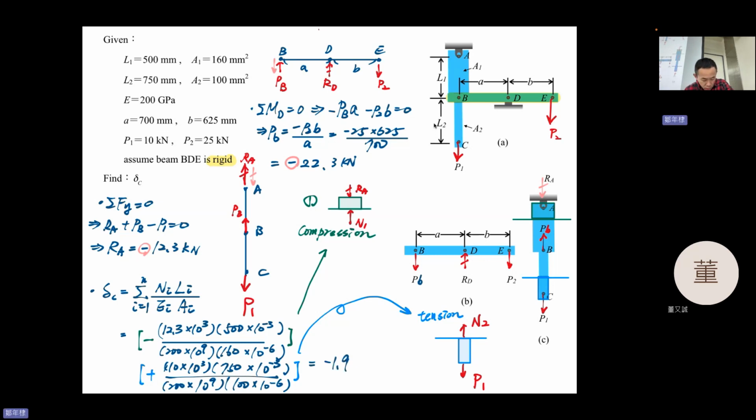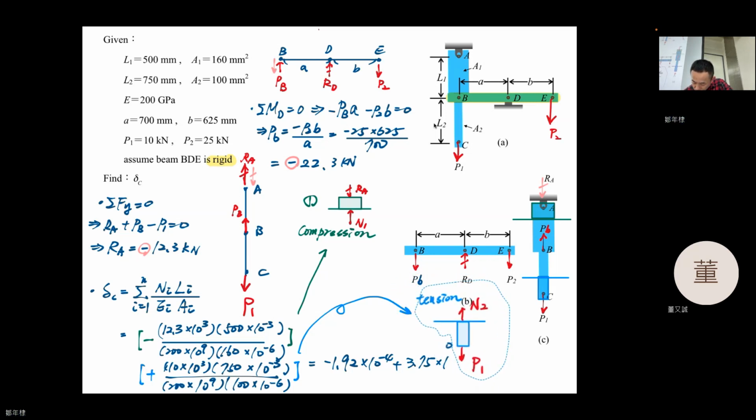minus 12.992 times 10 to the minus 4 plus 3.75 times 10 to the minus 4 m, equal to 0.183 millimeter.